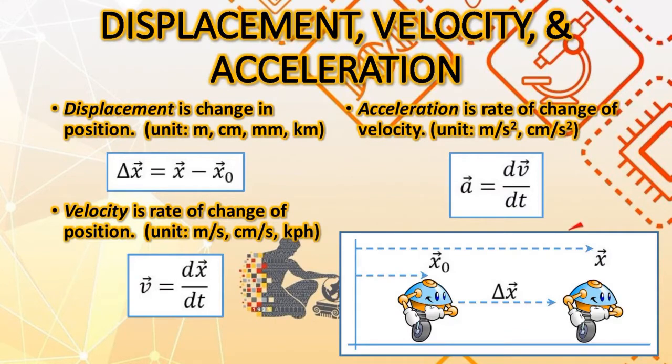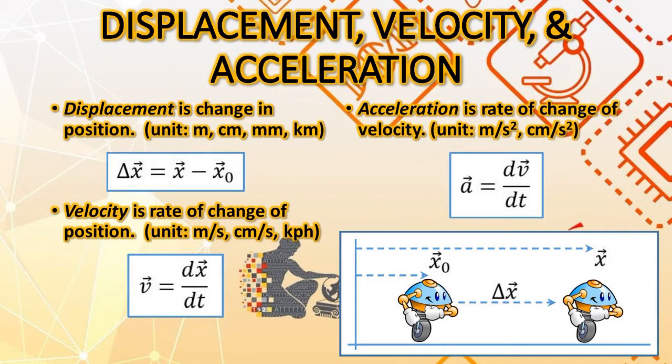So first, let's look at the variables that we will be covering when we talk about motion along a straight line. Kinematics is basically the study of the motion of an object, looking at how the object's position and changes in position are related with the speed and the time of travel of the object.